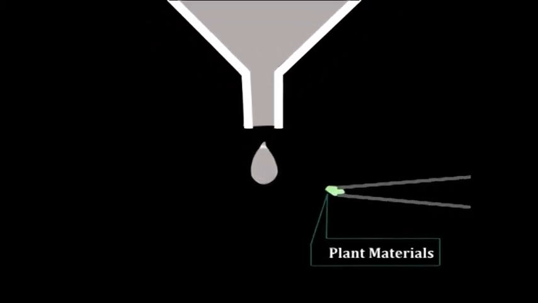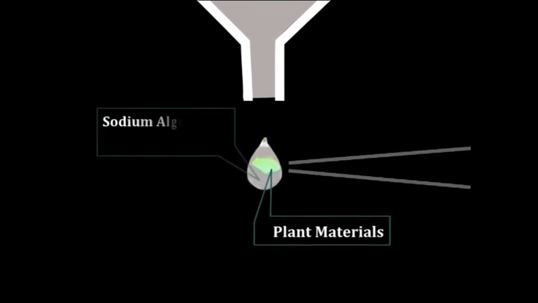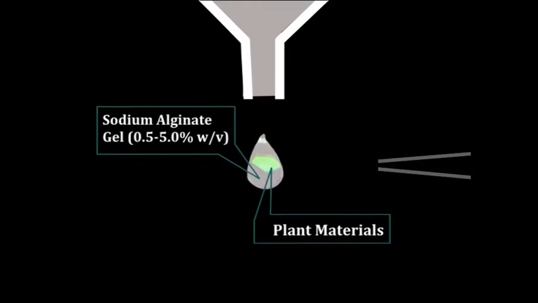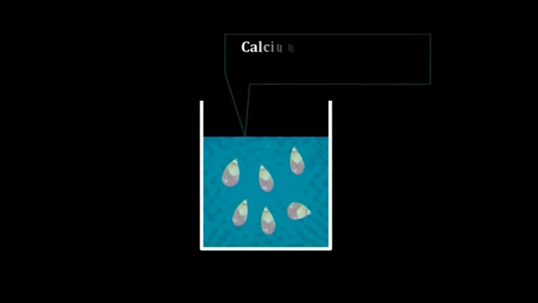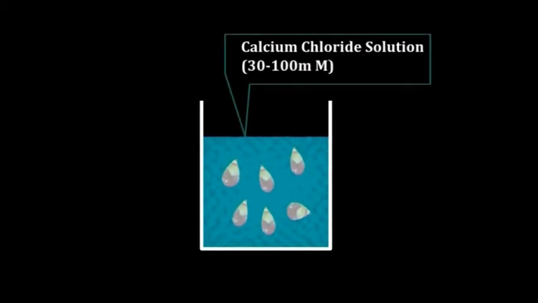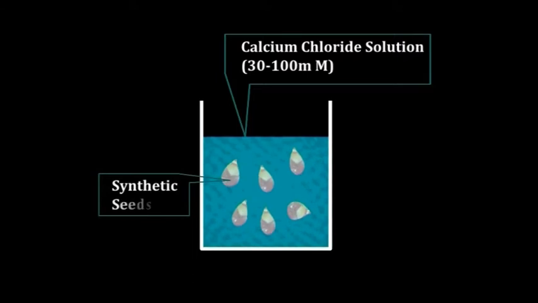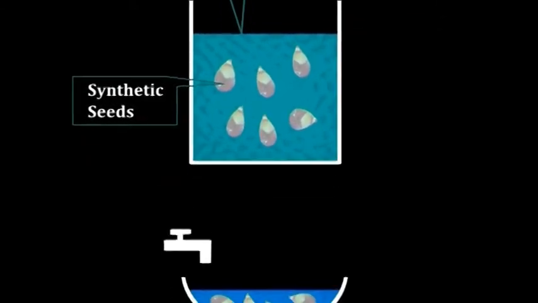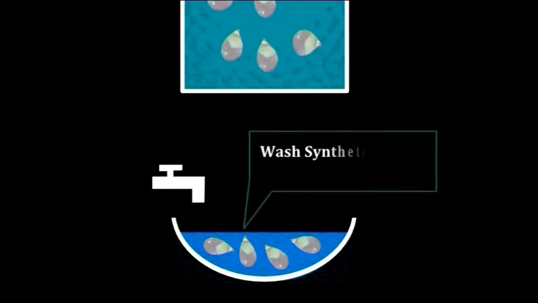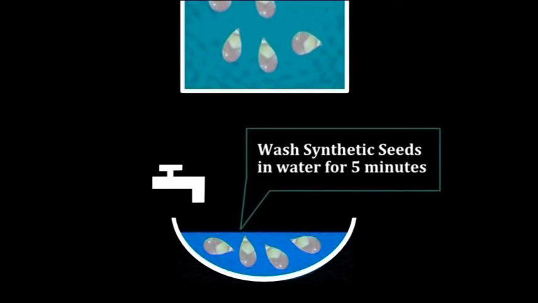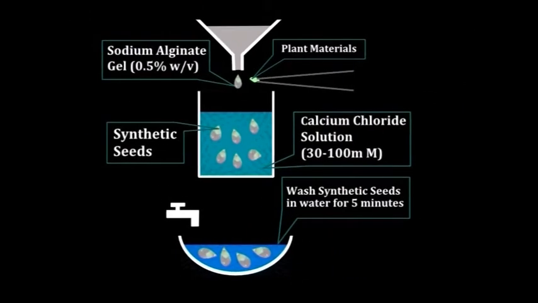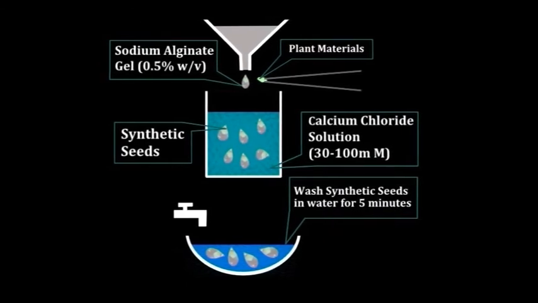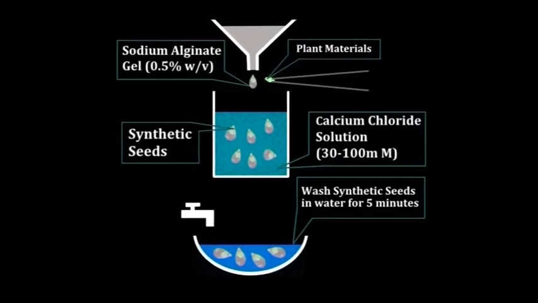For the production of hydrated seeds, the plant materials are mixed with sodium alginate gel at 0.5 to 5%, which is followed by dropping into calcium chloride solution of about 30 to 100 millimolar using a pipette. Round and firm beads of calcium alginate containing the somatic embryos are formed as ion exchange occurs, resulting in the replacement of sodium ions with calcium ions.